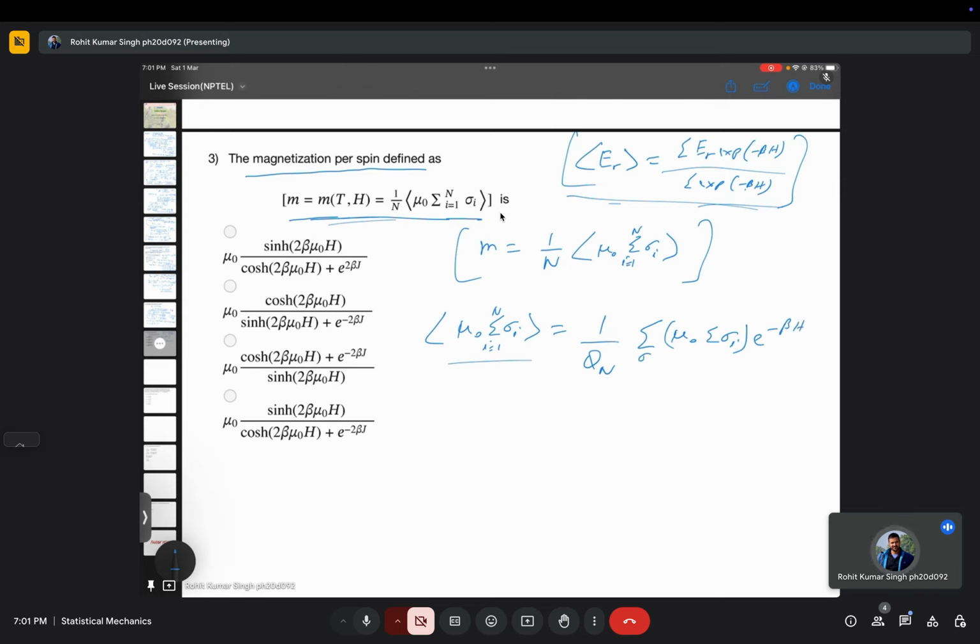Sum over all the spin states. And we have already calculated this partition function, which is this quantity, right?